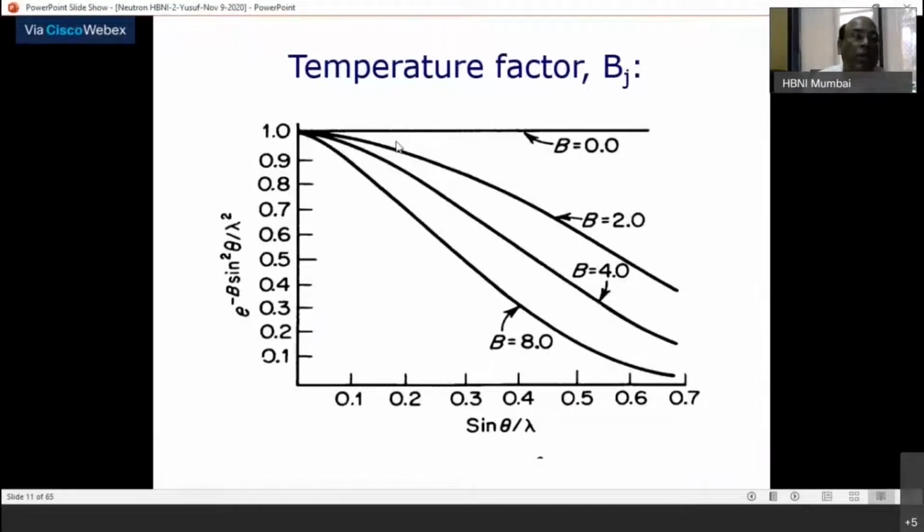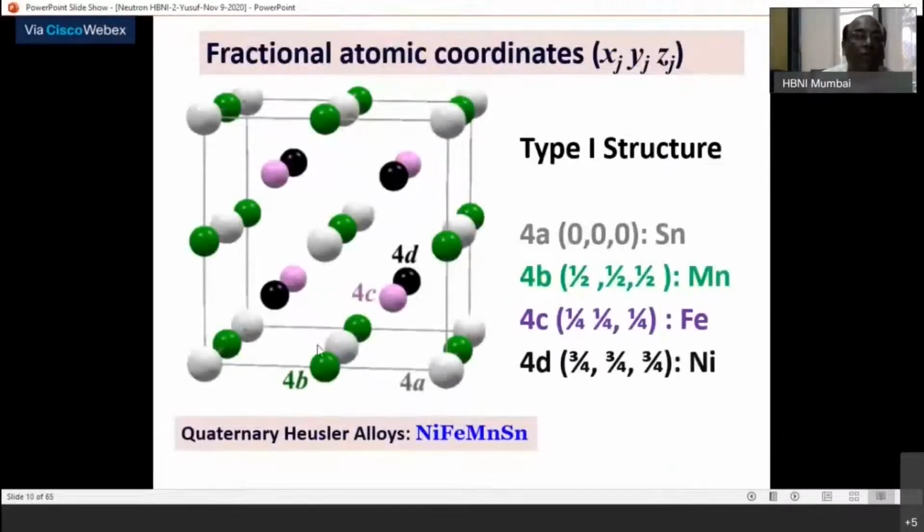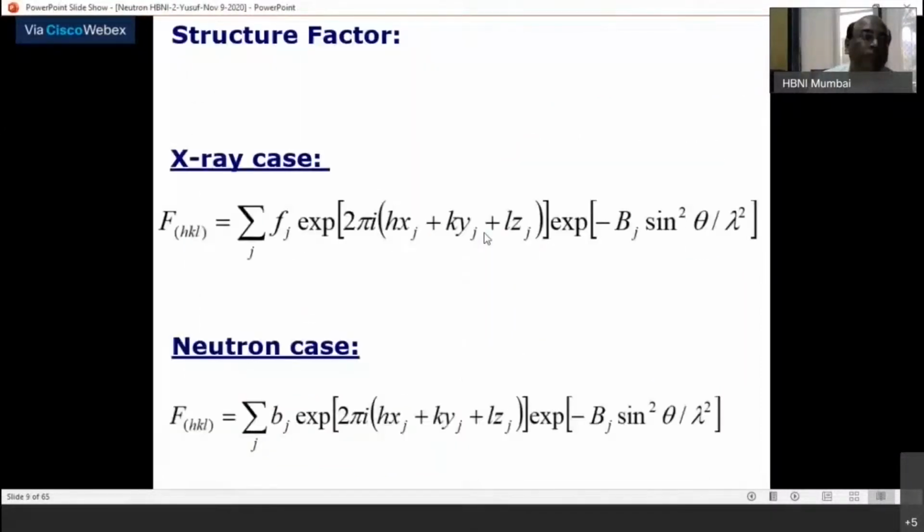I also talked about the atoms vibrating with respect to the mean position. That has some implication on your measured structure factor. I also talked about how, when you calculate the structure factor, you count the atoms: the atomic positions in inequivalent crystallographic sites. You only count those.